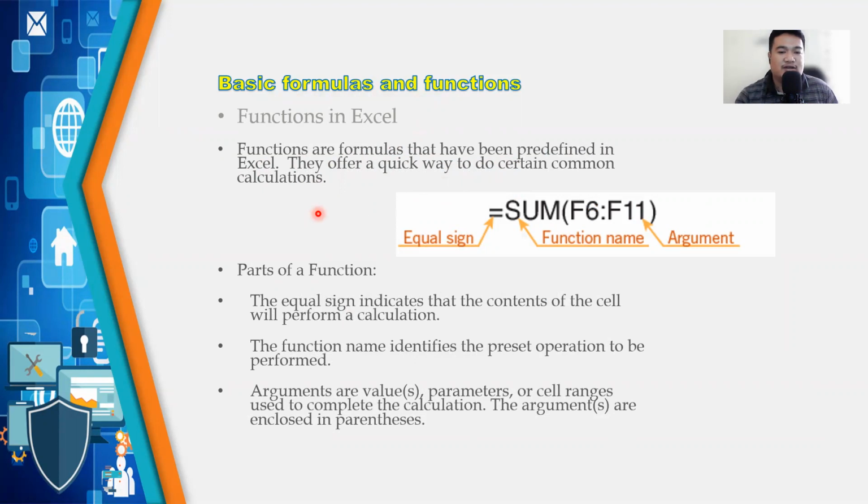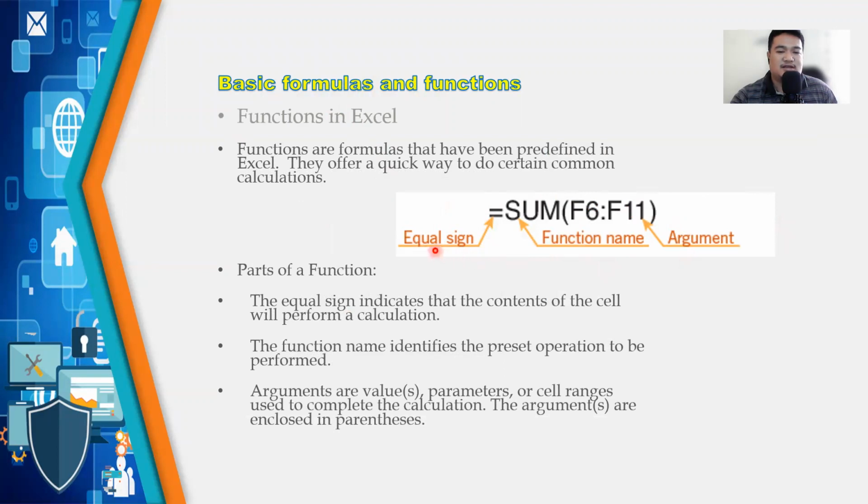You just call the function name and then consider the cells that are to be calculated or perform ng calculation based on the function used. And then, yun, mas madali na yung pag-compute mo. And for example, we have here the syntax or a sample of a function.